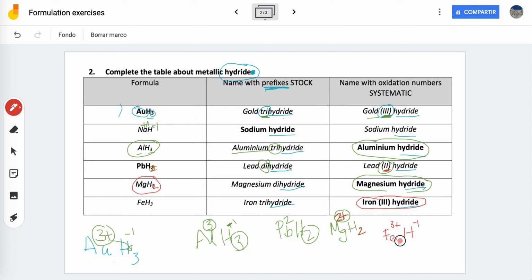We swap, we put a 1 here and a 3 here, but we don't write the 1. This one is not needed. So we now have the formula, and then iron 3 hydride, and that's it. Easy and simple.